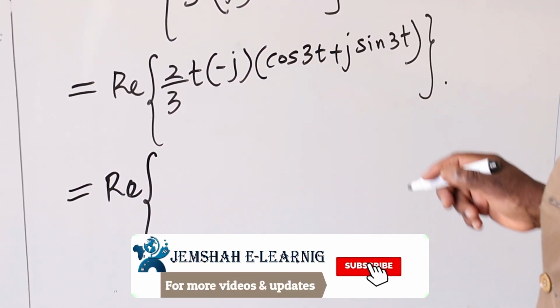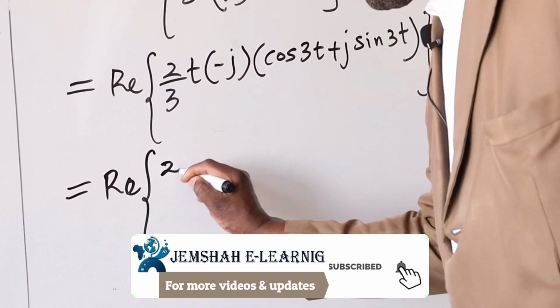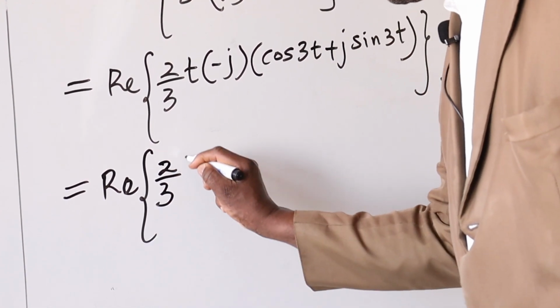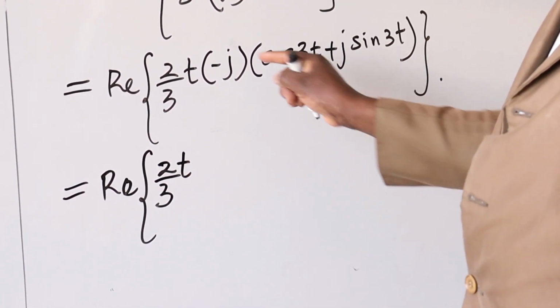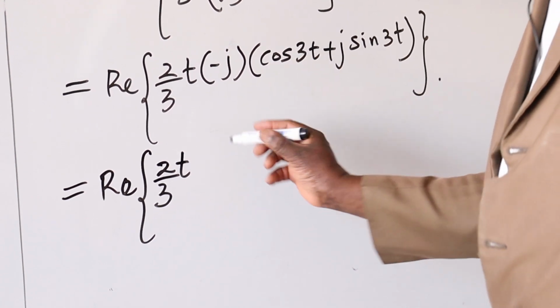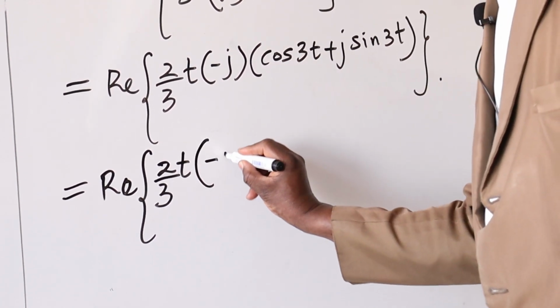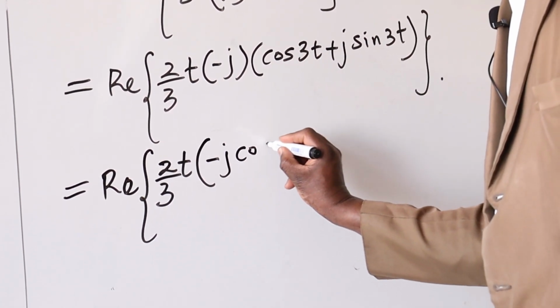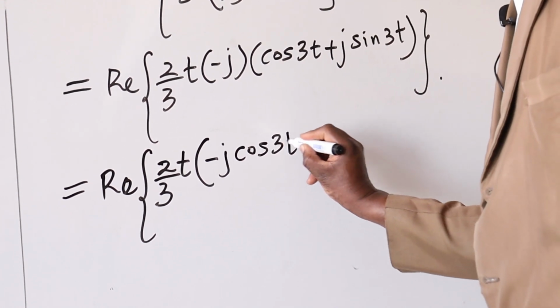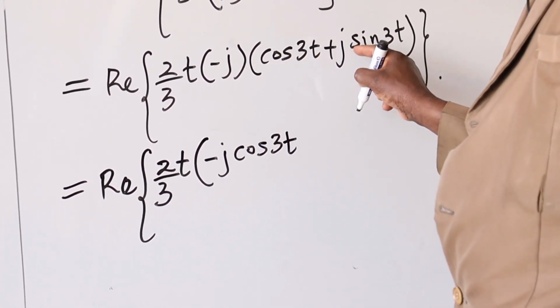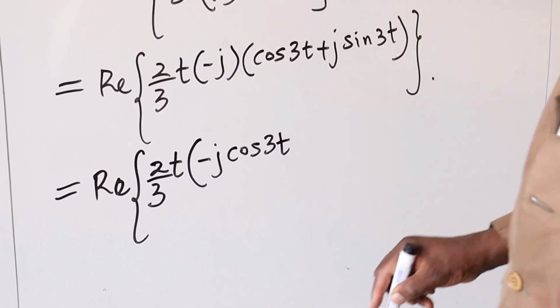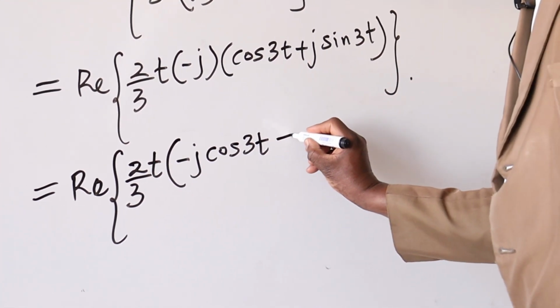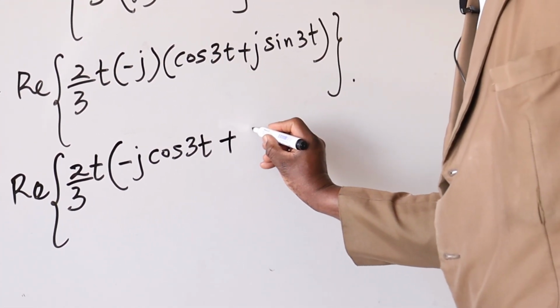And now we want to multiply. We have 2 all over 3t. Minus j times this, we get minus j cos 3t. Minus j times plus j, you get 1. So we say plus sine 3t.